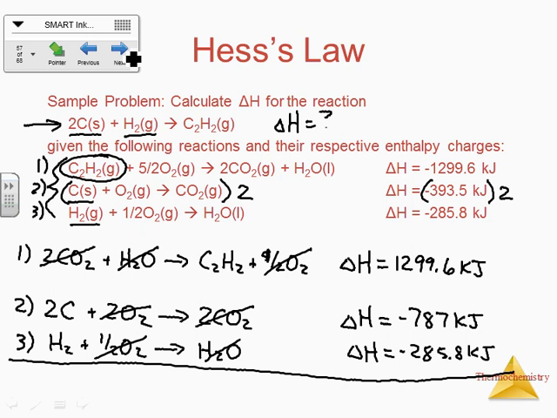So then, what we end up with here, our final equation, 2C plus H2 gives us C2H2. And that's exactly what we wanted on this one. So then we just have to add up our delta H's here. See what our final answer ends up being.